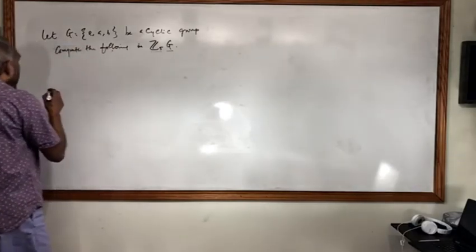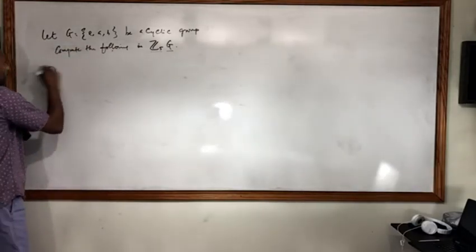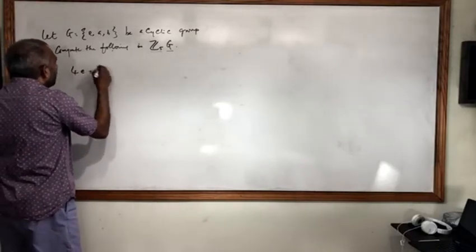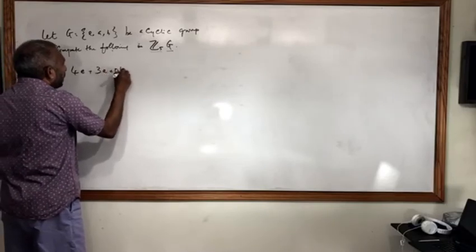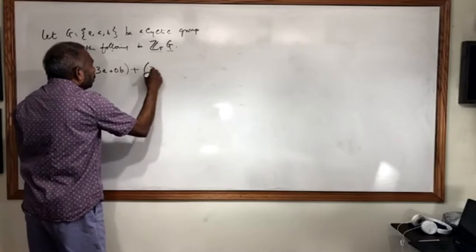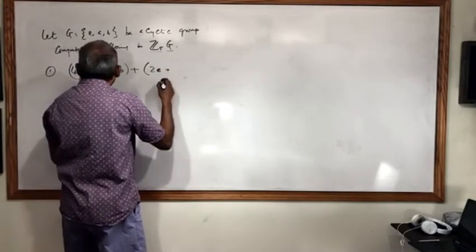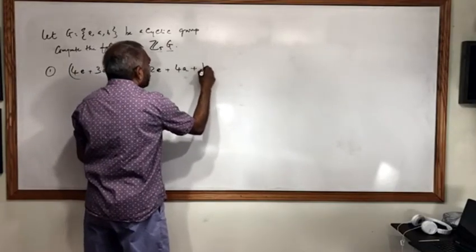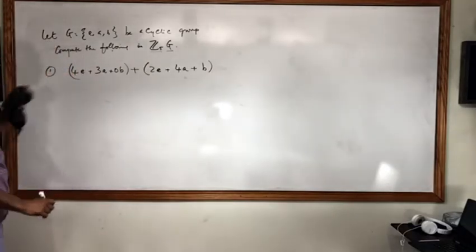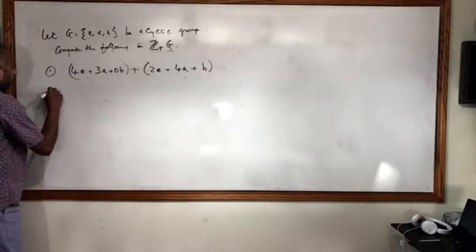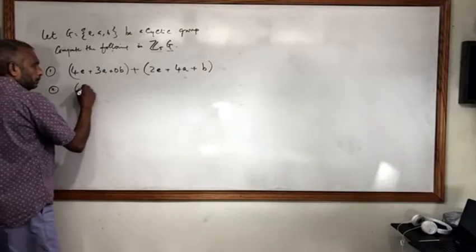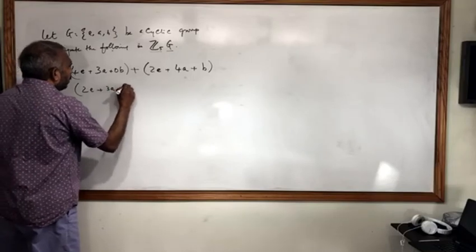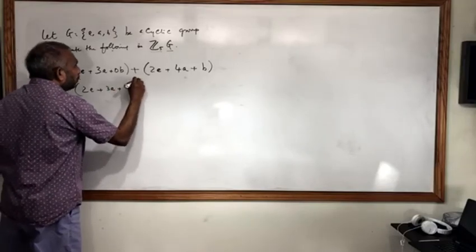Our computation is like this: first, (4e + 3a + 0b) + (2e + 4a + b). Second, (2e + 3a + 4b) to the power of 2.